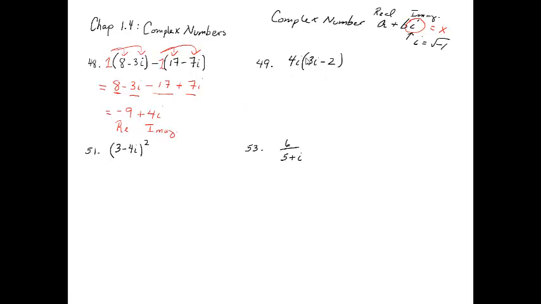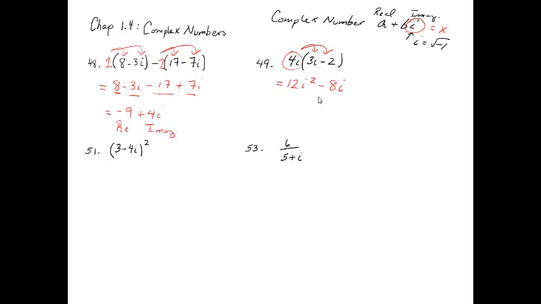So here we're working with complex numbers still, but now we need to multiply them. And you notice that I have a 4i on the outside of this parentheses, which means I have to distribute it inside. So I'm going to have 4i times 3i, which is going to give me 12i squared, because remember, it's I times I, which is I squared, minus 4i times 2, which is 8i.